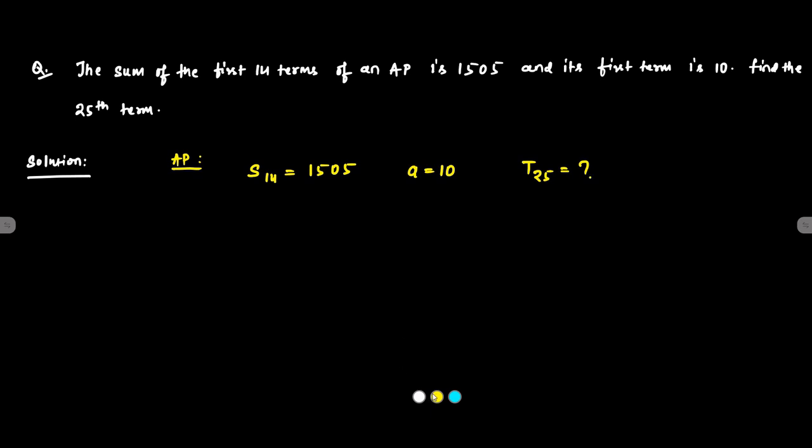Okay, so we have the sum of n terms formula given by n by 2 into 2a plus n minus 1 into d.